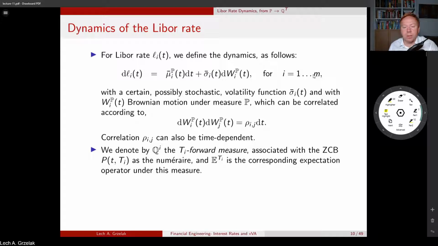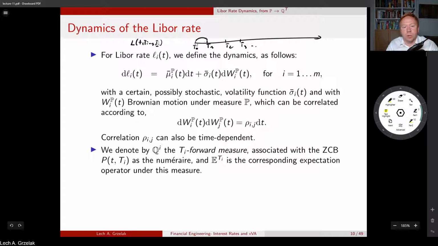So we have i from 1 until m. For every Libor i, we have Libor L(t; T_{i-1}, T_i). So you see we have one for every different payment date. If you build a time grid with T1, T2, T3, and so on, the first Libor rate, T0, would correspond to the rate over this period.